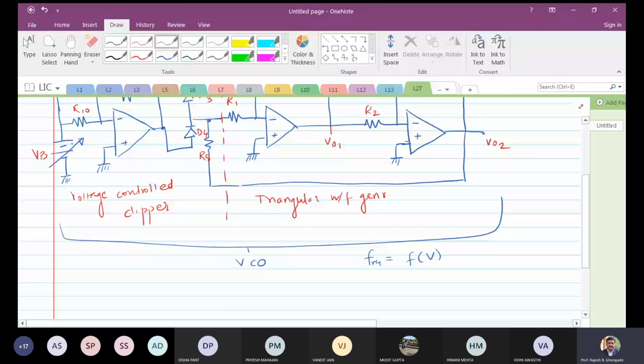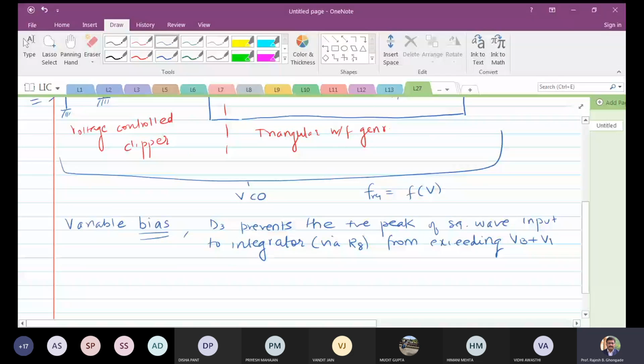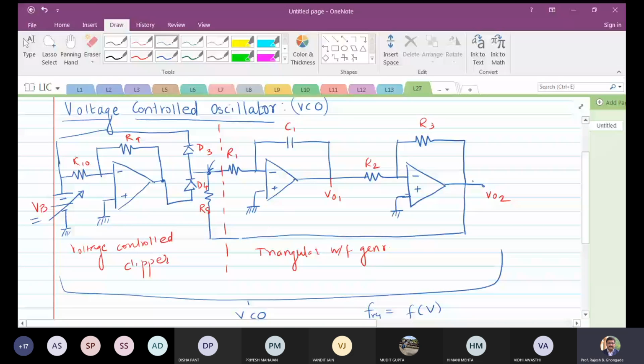So what is going to happen here? When your output is going to be, say, the positive peak, that is, plus Vsat at one time, you can see here the same voltage will be appearing over here at this point. But then it will not rise above a certain point. Which point?